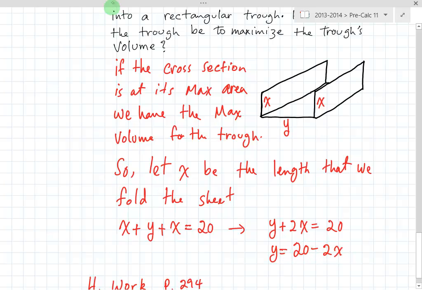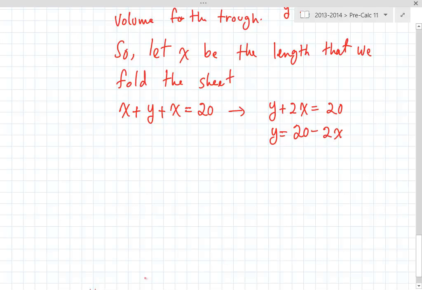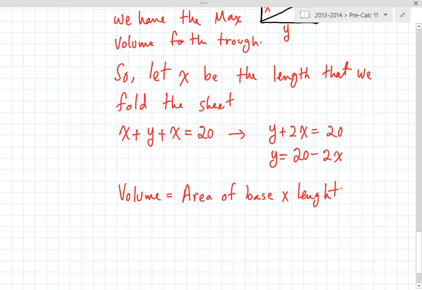And then this way, we only have one variable to deal with, so we don't have two variables and we don't have a really tough thing to deal with. Okay. Volume is equal to area of base times the length. But we said that area of the base has to be maximized for the volume to be maximized.